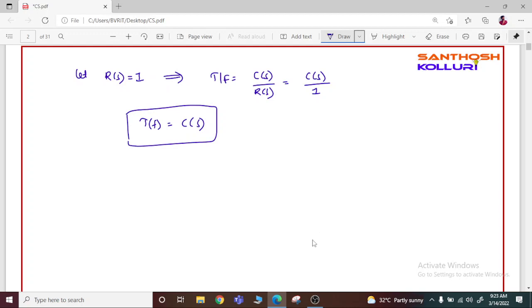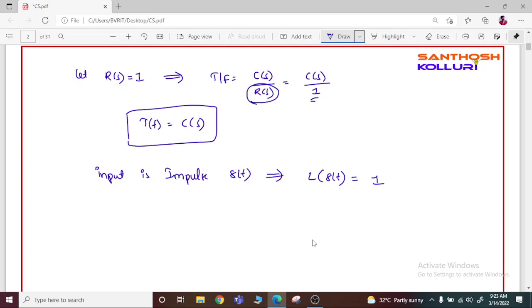So generally, if the input is an impulse signal, let me say delta of t, then the Laplace transform of the impulse signal is nothing but 1. So here the Laplace transform of input is equal to 1.